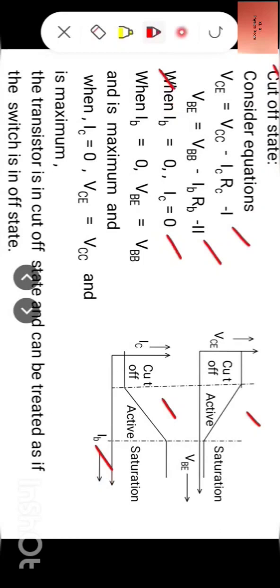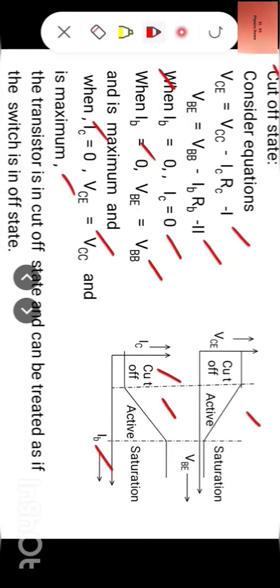Now when IB is equal to 0, VBE would be equal to VBB and is maximum. And when IC is equal to 0, VCE would be equal to VCC and is maximum. The transistor is in cutoff state and can be treated as if the switch is in off state.